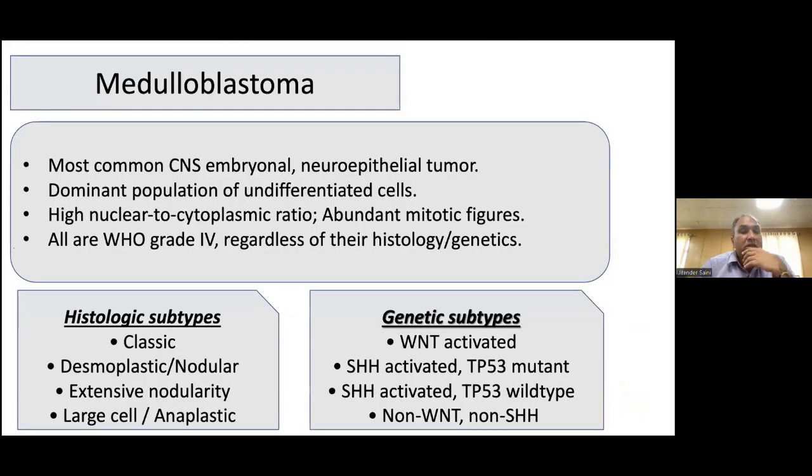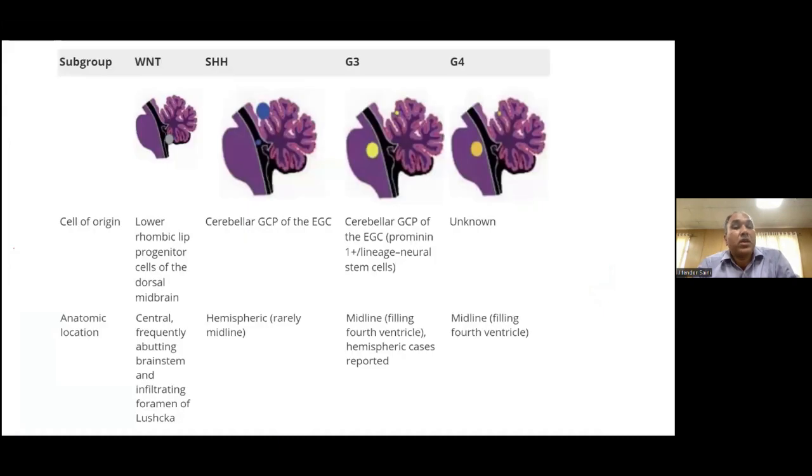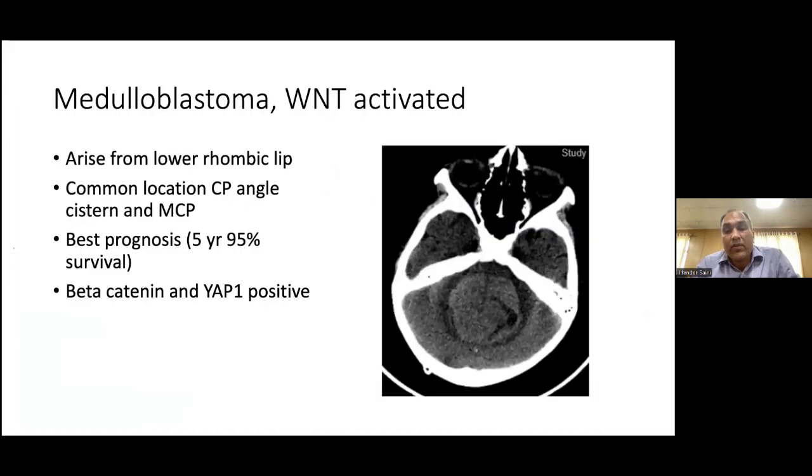And medulloblastomas, again tumors of childhood, are of 4 types: classic, desmoplastic, extensive nodular, and large cell and anaplastic variant. There are some genetic subtypes now: WNT, SHH activated, non-WNT non-SHH, group 3, group 4 tumors. One of the most important findings is that they are posterior fossa, large lesions, looking hyperdense on CT scan.